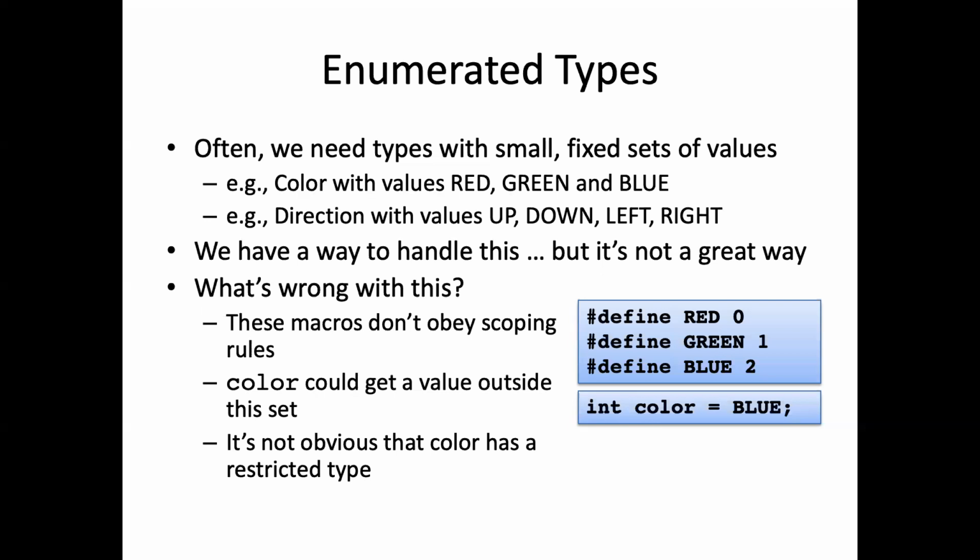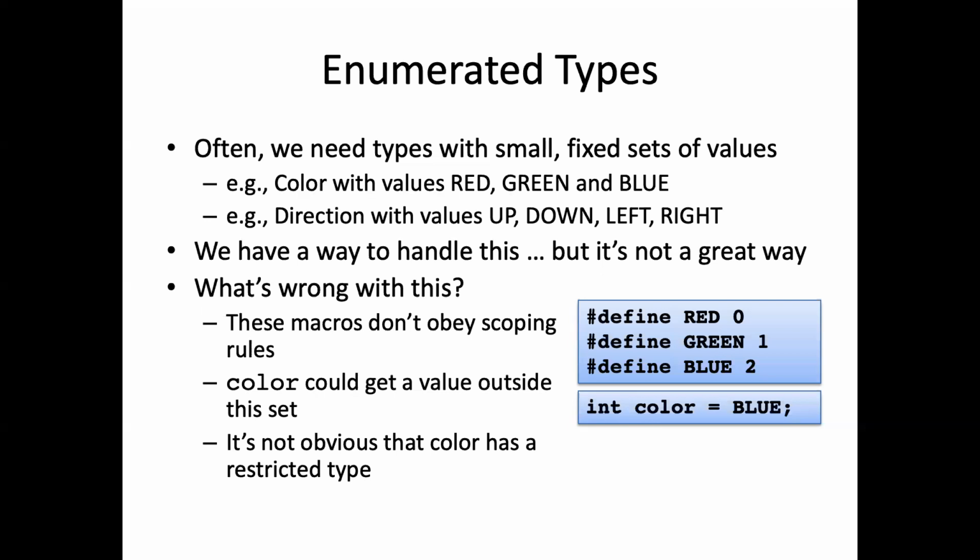C has an enumerated type, just like what Java provides, a way of defining your own type that has a limited set of values. And we've gotten by without this, and often people just use the preprocessor to define names, where each different name could map to a different integer value.